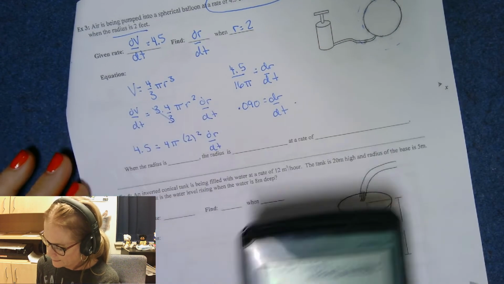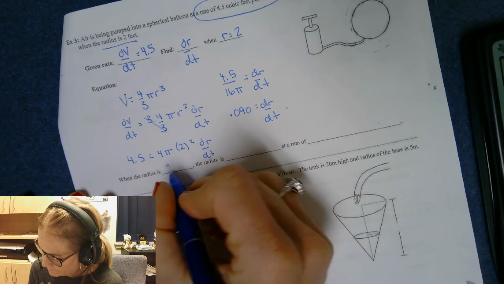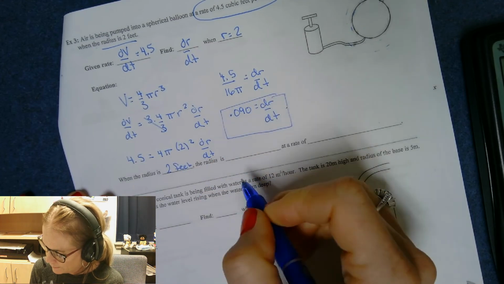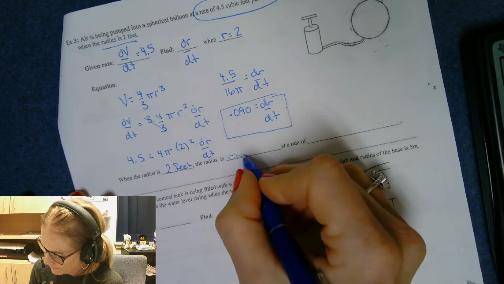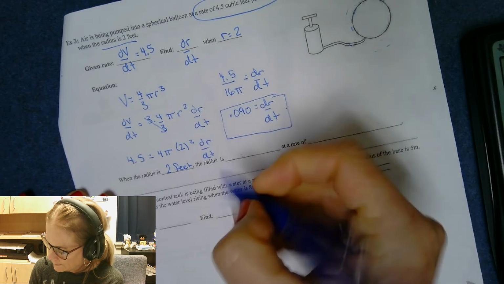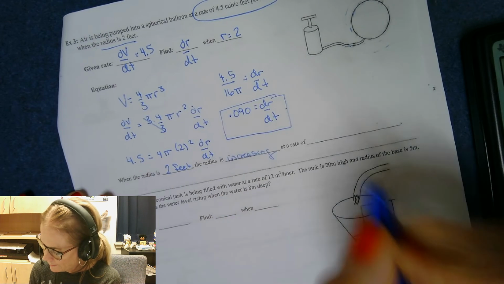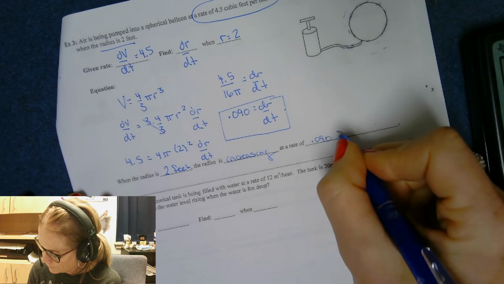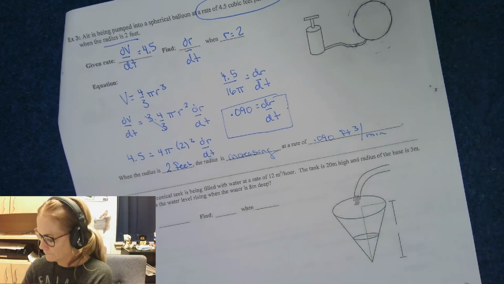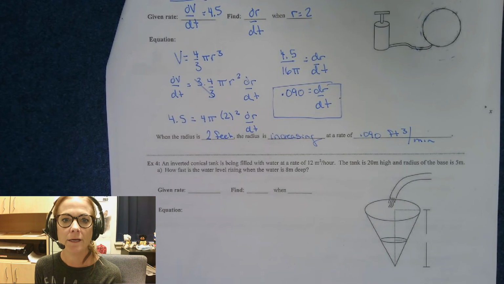All right, let's write our sentence. When the radius is 2 feet, this is positive, so the radius is increasing at a rate of 0.090 feet per minute. Okay, I think that's good.